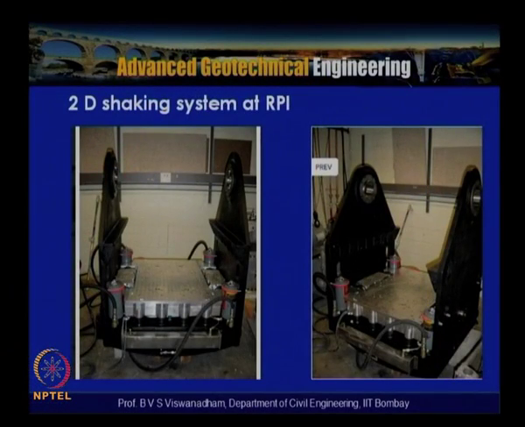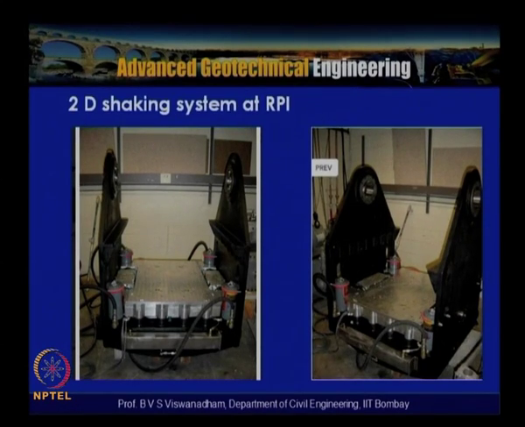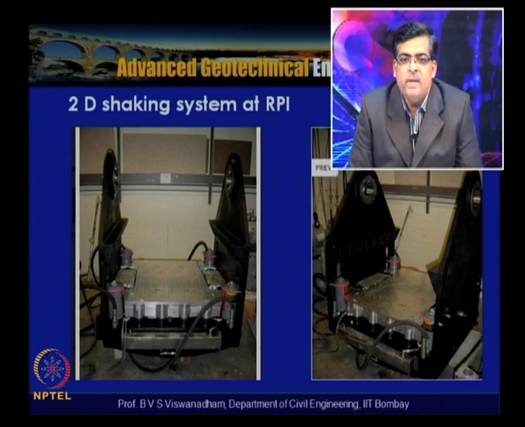So this is the typical two-dimensional shaking system available at RPI in New York, wherein you can see that the swing basket package will come out of the chamber along with the earthquake actuator. That means the earthquake actuator is fitted in a swing basket, and they use this for performing earthquake experiments, and for the rest of the experiments they will use a different basket.